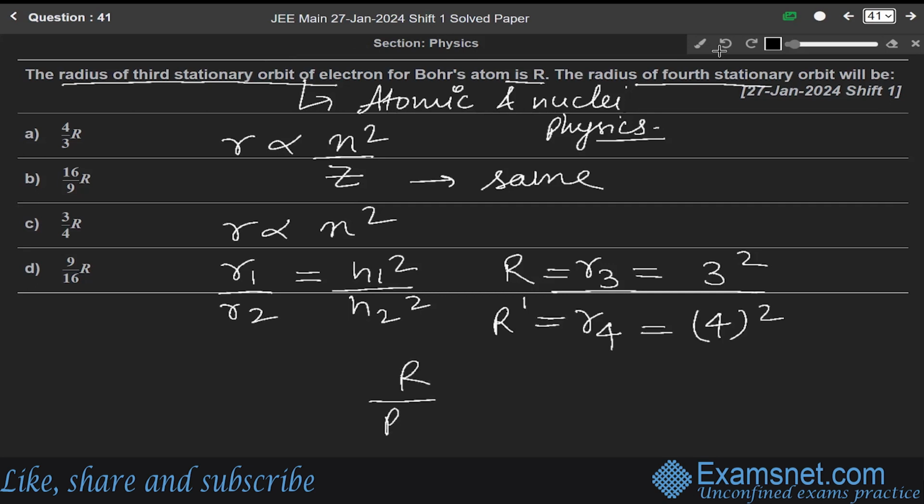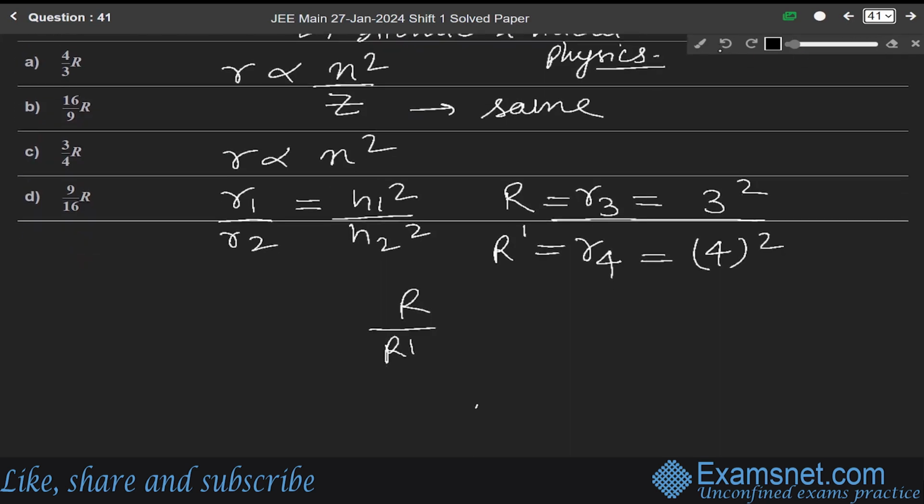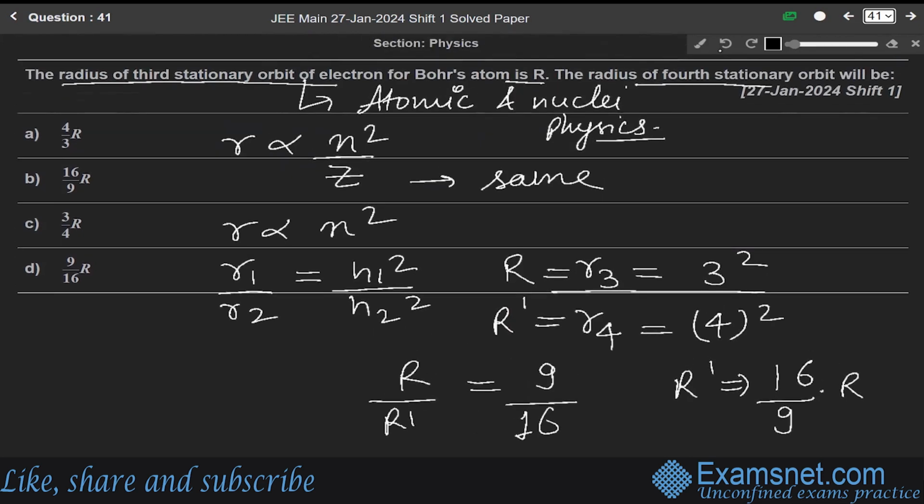So R over r dash equals 9 over 16. So r dash equals 16 over 9 into R. The correct option is option B, 16 over 9 into R.